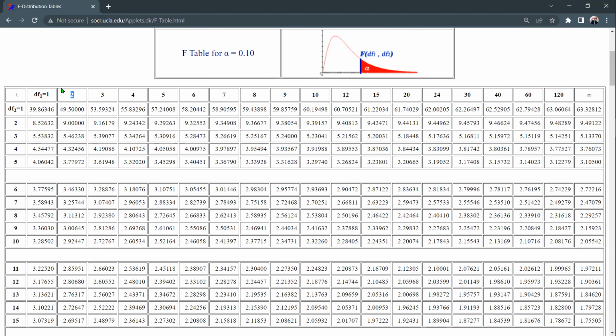And what is degree of freedom 2 for us? That is 6. So degree of freedom 1 is 2 and degree of freedom 2 is 6. So the value which we get is 3.4630. Is this point clear?